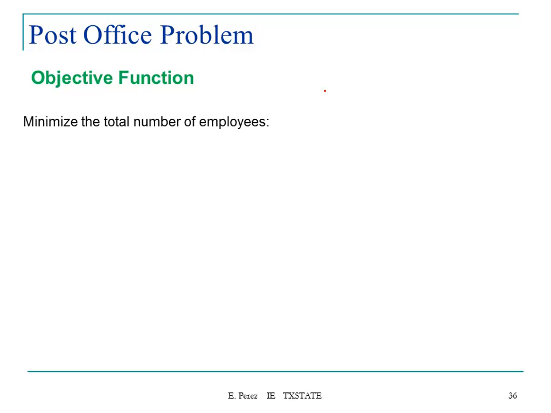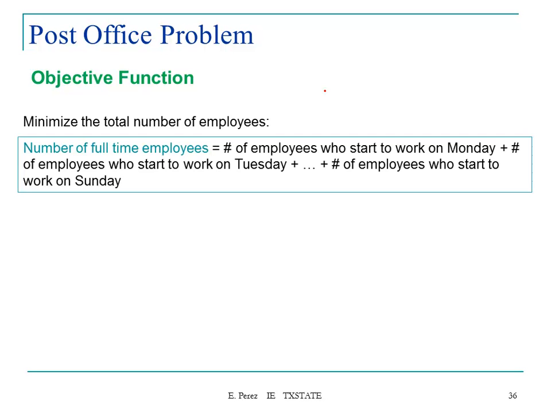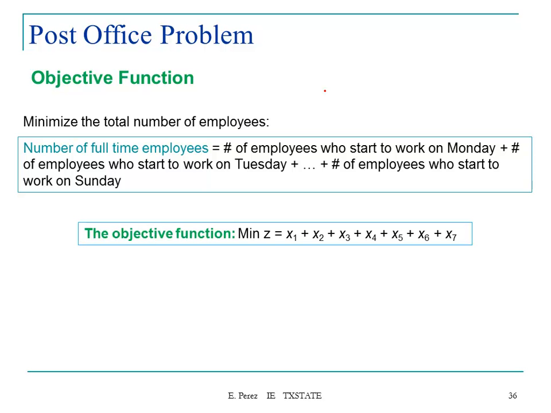The objective function is to minimize the total number of employees. So the number of full-time employees will be equal to the number of employees who start work on Monday, Tuesday, and so on until Sunday. So you're going to be minimizing those numbers for each day.